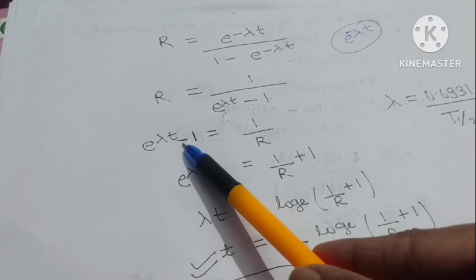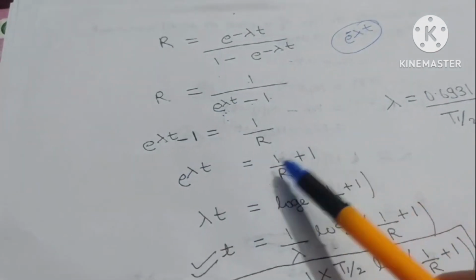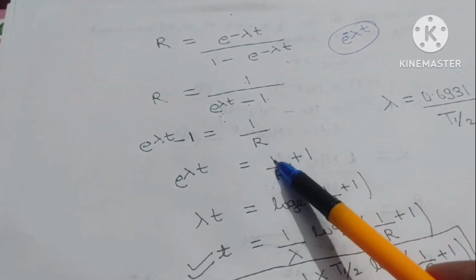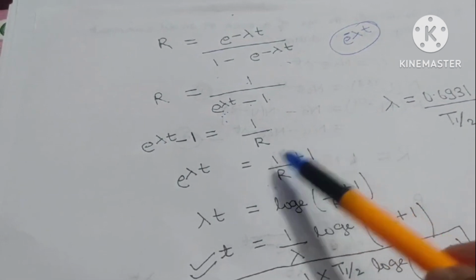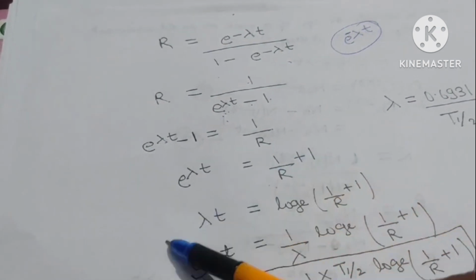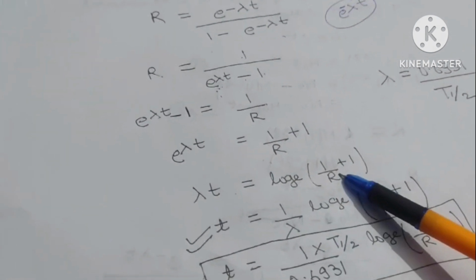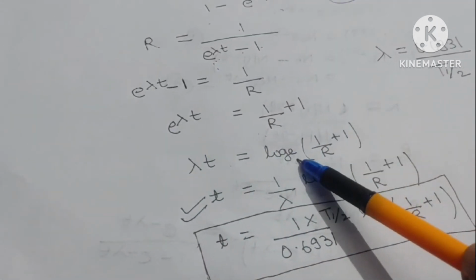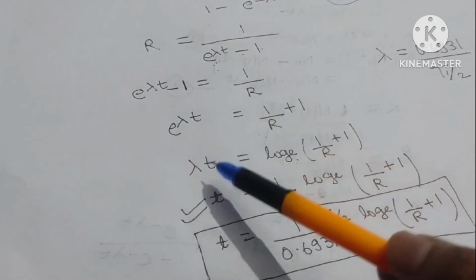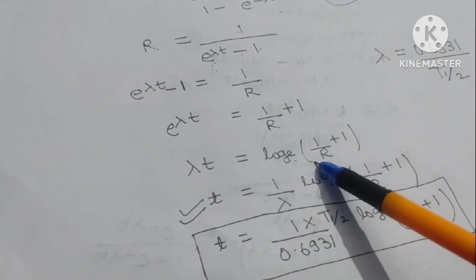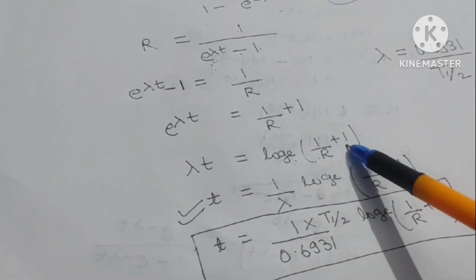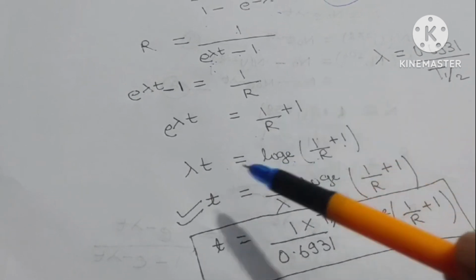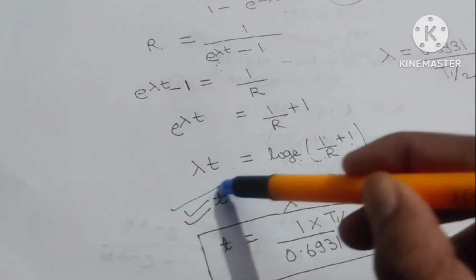We'll shift the minus 1 value here, with 1 over R. Okay, and now we'll take the logarithm to both sides, with e as the base, so lambda t equals log e of 1 by R plus 1, and this is the equation we get.